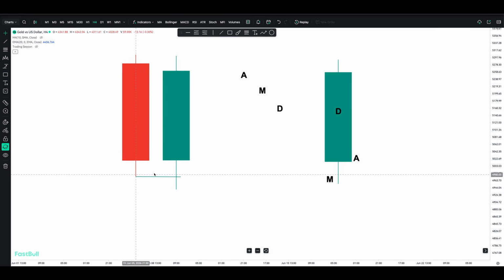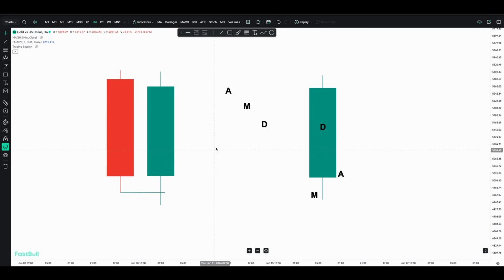Now this red candle's low has liquidity below it, so this green candle creates a liquidity grab below this candle's low and then creates a bullish reversal like that. So for this CRT model, the market creates an accumulation within this whole candle here.